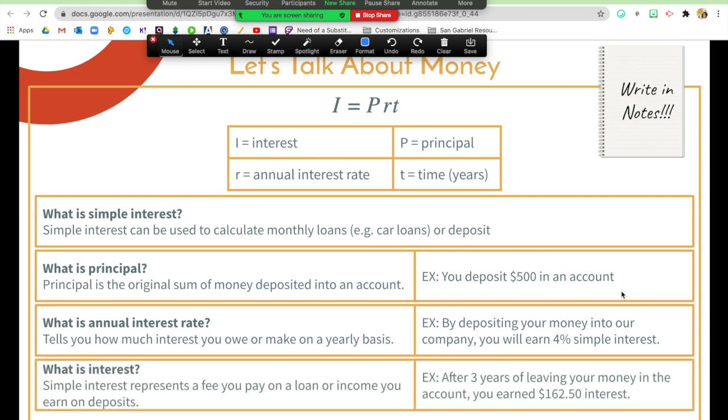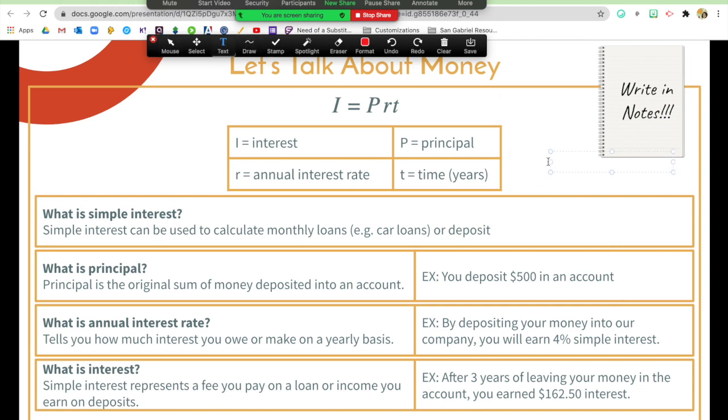What is interest? Interest represents a fee that you pay on a loan or income you earn on a deposit. So after 3 years of leaving your money in the account, you now earn $162.50 in interest.